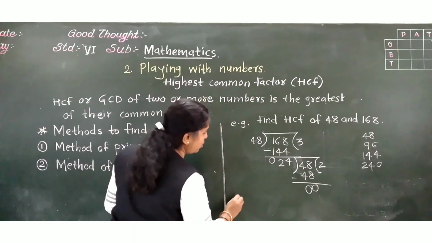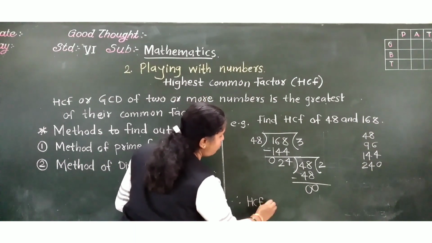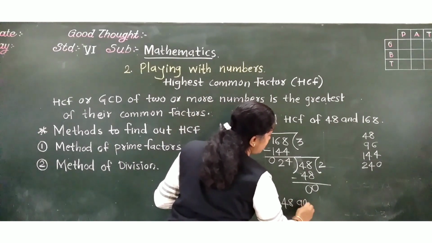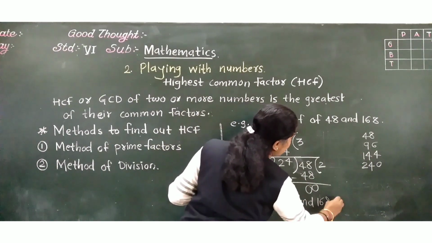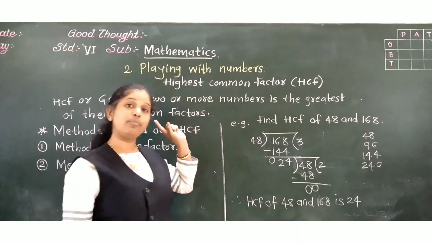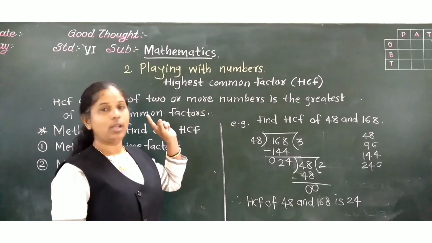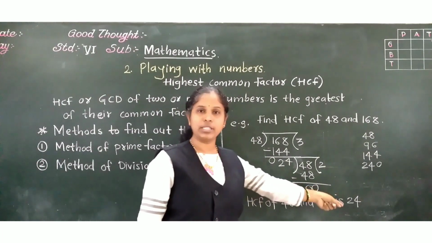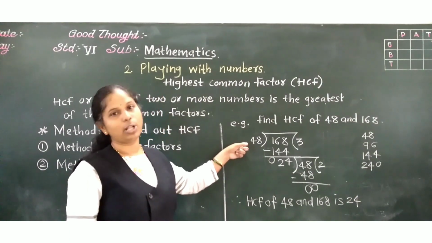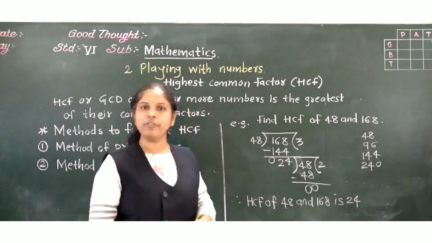So therefore the HCF of 48 and 168 is 24. See, in the prime factorization method also the HCF was 24, and by the division method also the HCF is 24.